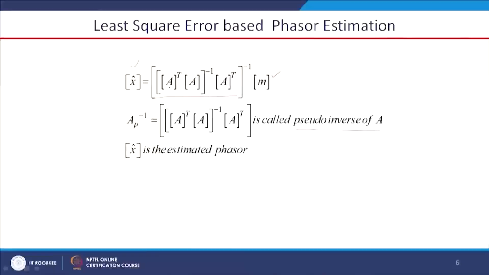Since the A matrix and the M matrix are already known to us, we can always calculate X cap, our required signal or parameter, using this equation.